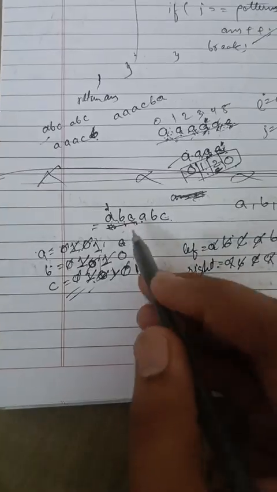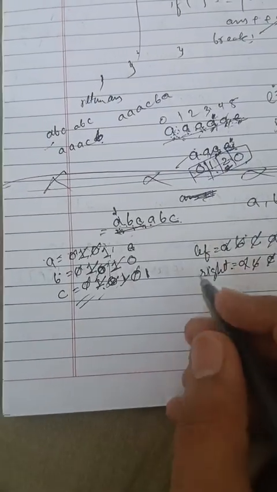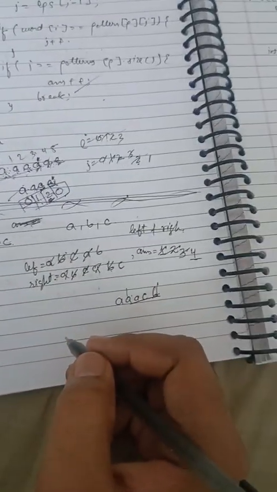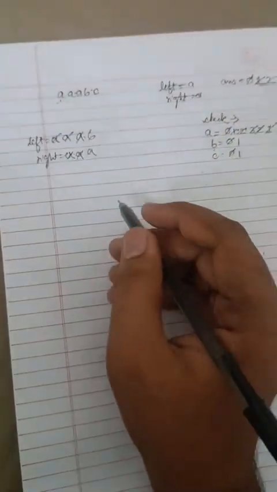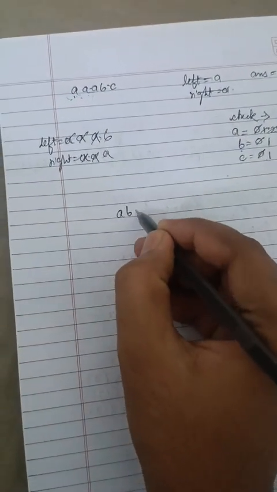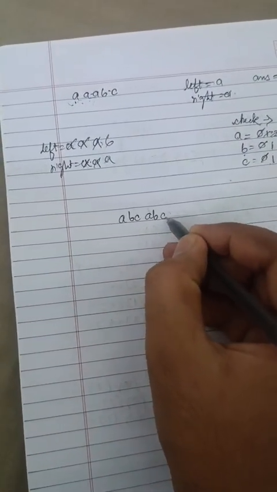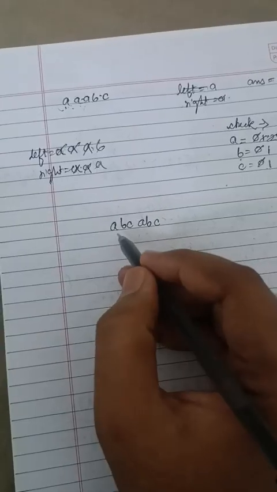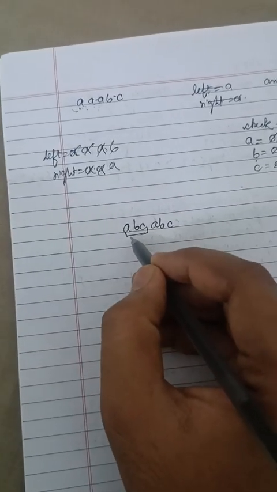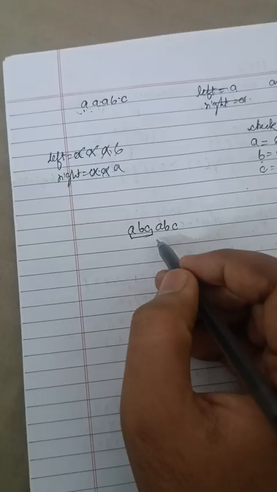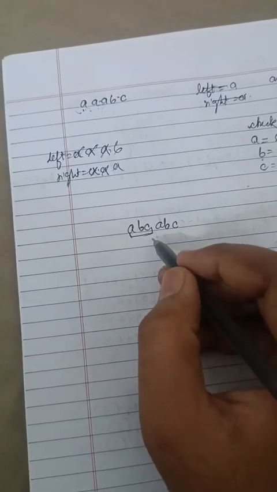So here, what are all the possible substrings? Oh, this gets wrong, right? So let me explain it again. Okay, so here the 3-length substring was meeting the condition, right?